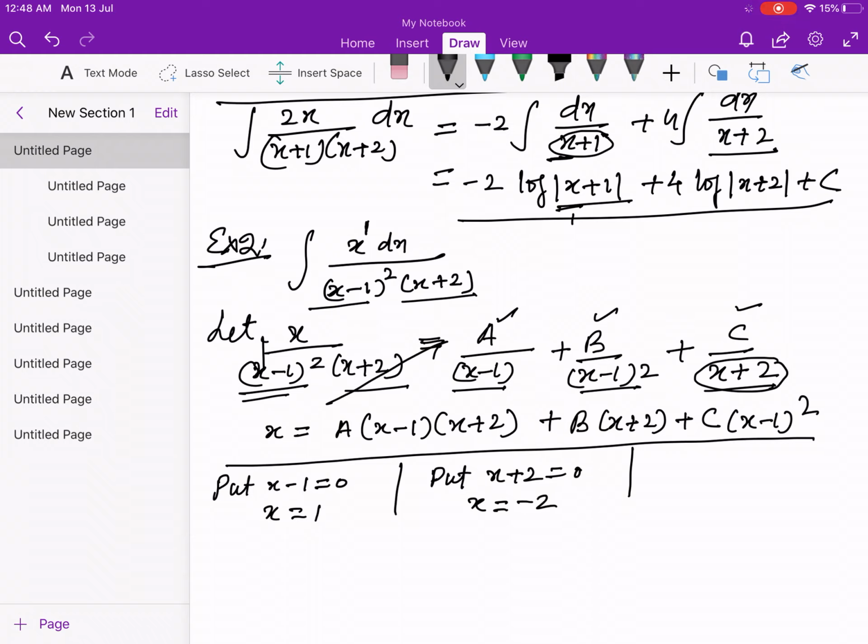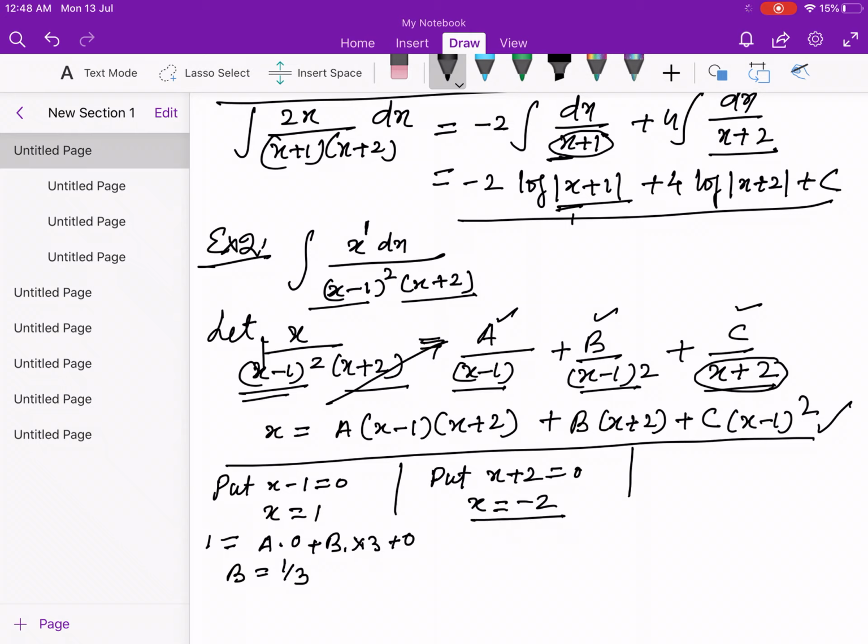Where to put the values? In this statement here. So 1 equals, if you put x as 1, what is it? a into 0 plus b into 3, plus 0. So what is b equal to? b equals 1 by 3.